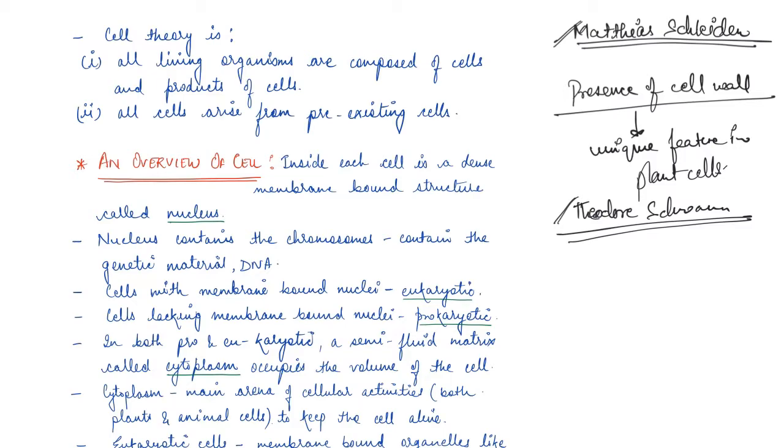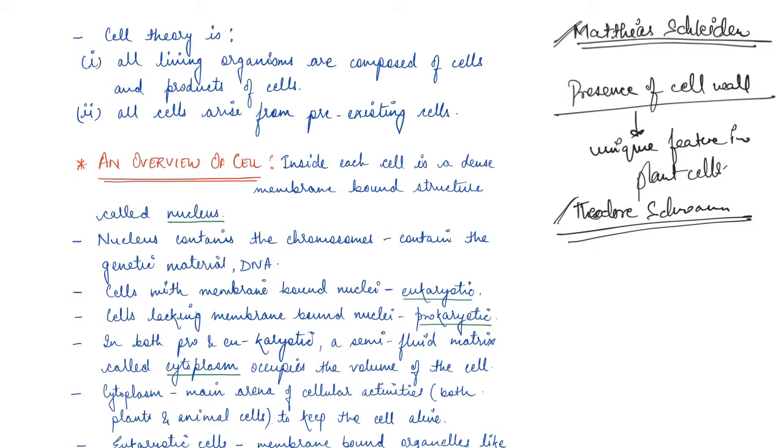Now let's see an overview of the cell. What are the different types of cells? There are different shapes, and their functions are completely different, right? You frequently do an experiment on onion peel. I remember doing it in my graduation.